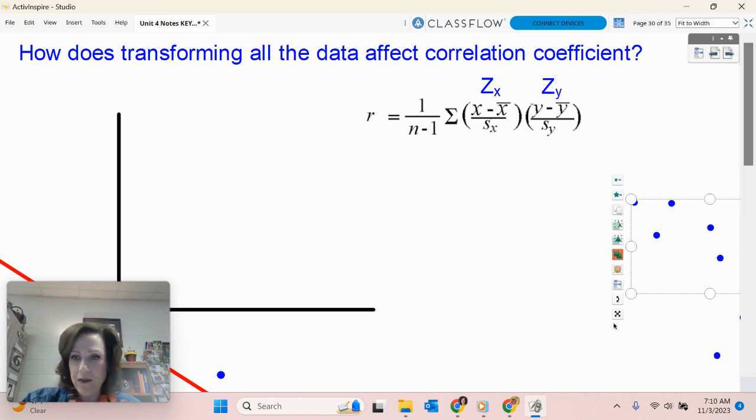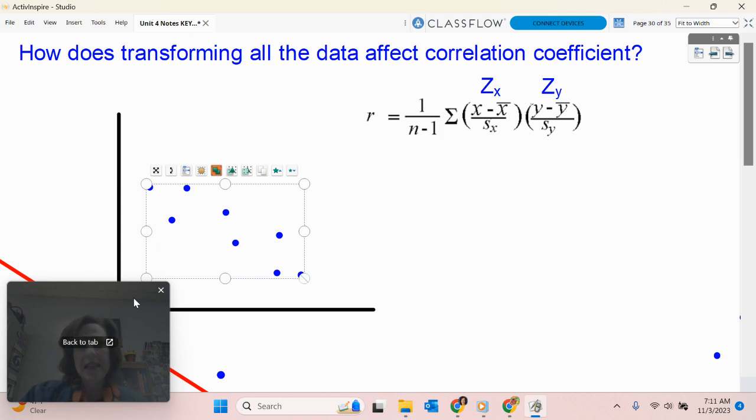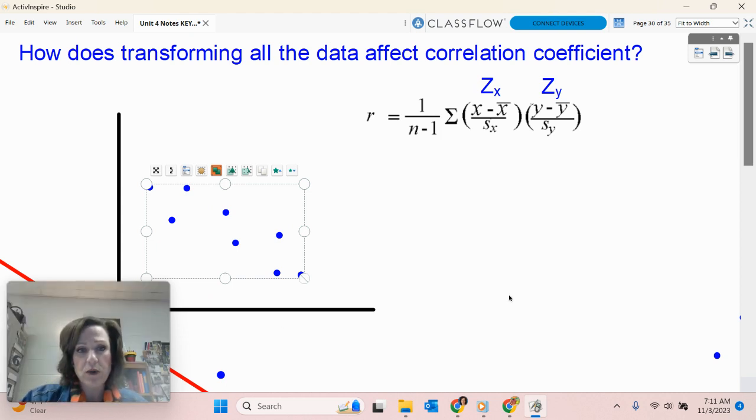Okay, so moving that data set over here. So I've reflected across the x, I reflected across the y. So in essence, the x and the y values have switched places.